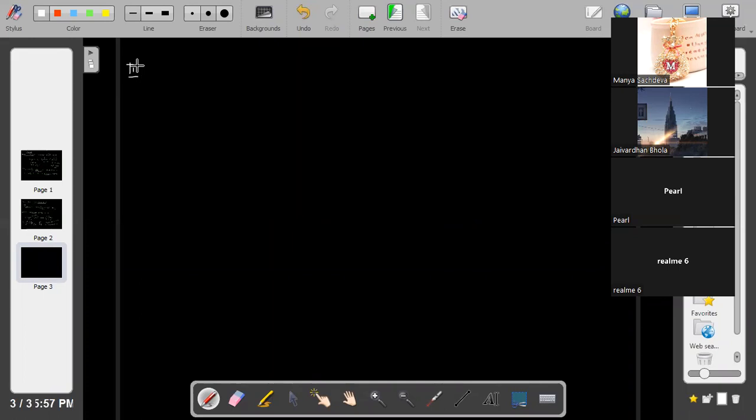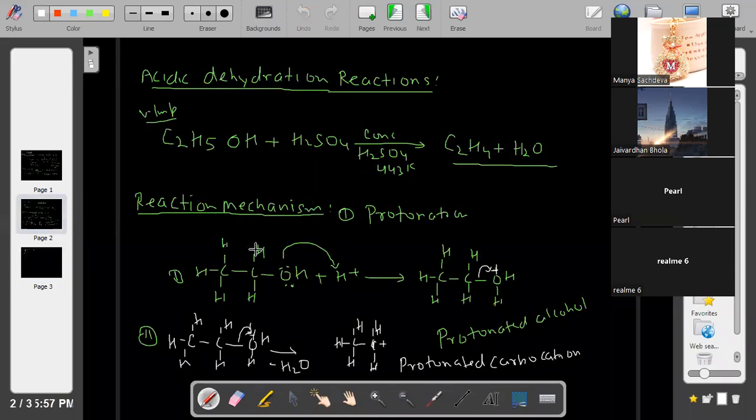Here, this is the alpha carbon and this is the beta carbon.